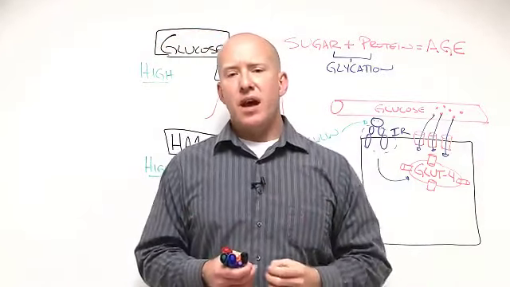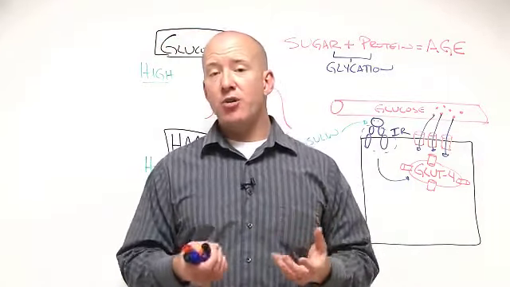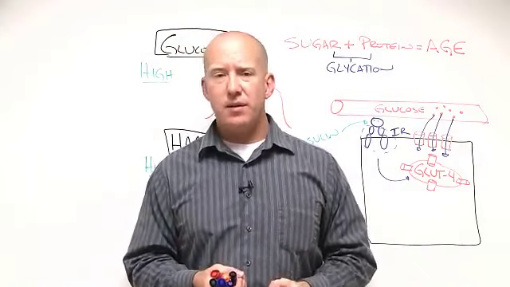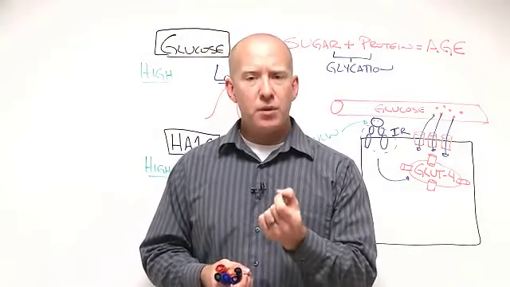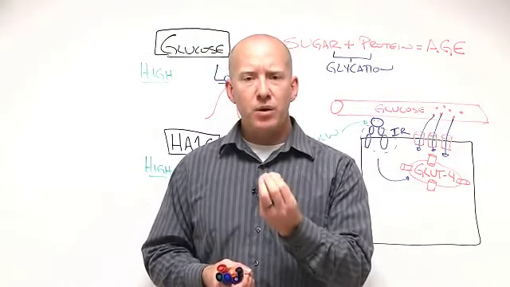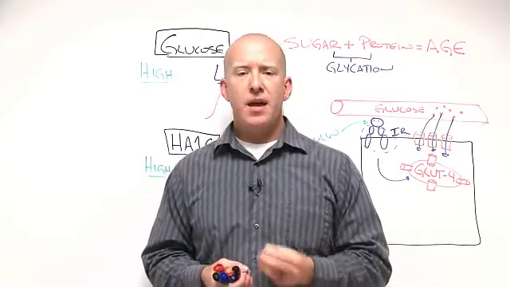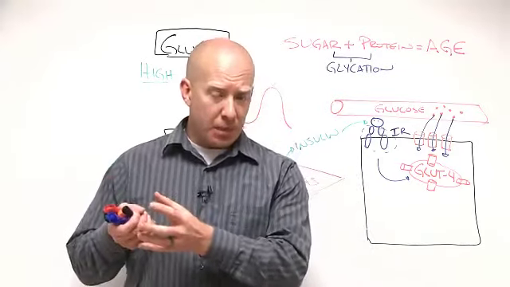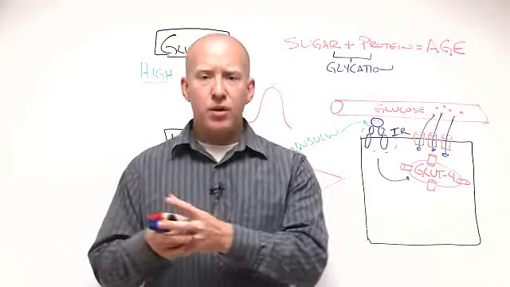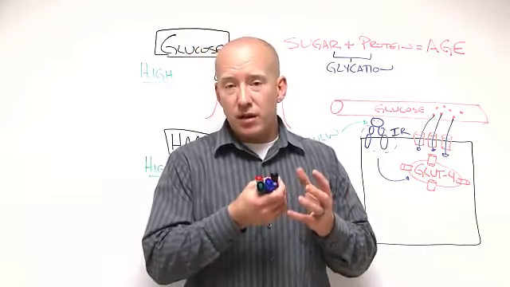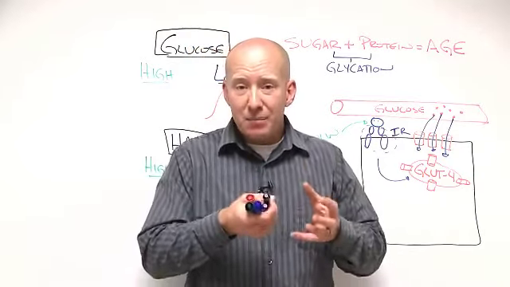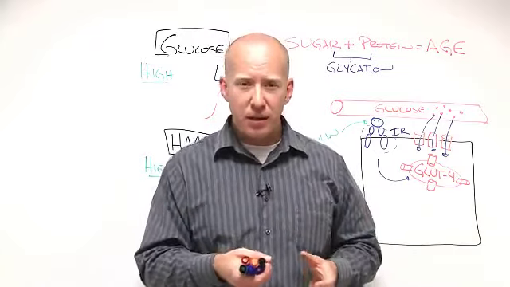Red blood cells have a lifespan of about 120 days, or about 3 months. Now, you've heard of hemoglobin. Hemoglobin is the oxygen-binding component inside of a red blood cell. Hemoglobin is really made up of heme, which is iron and an organic molecule, and globin, which is a protein chain. So it's made out in part of protein.